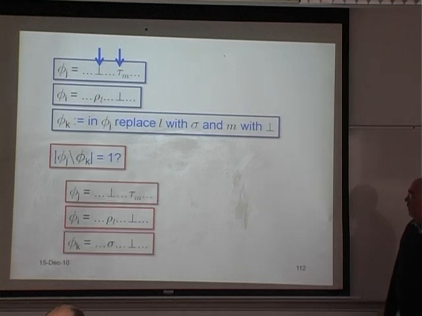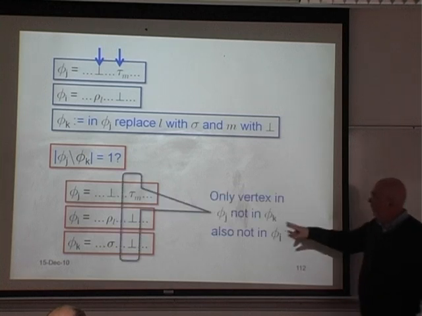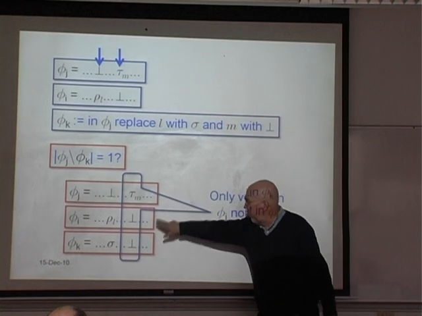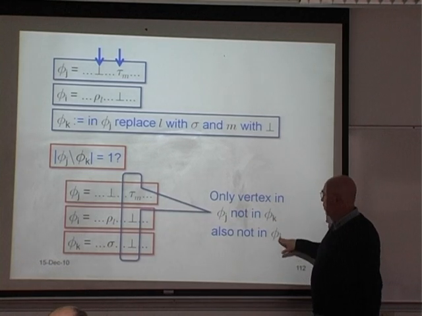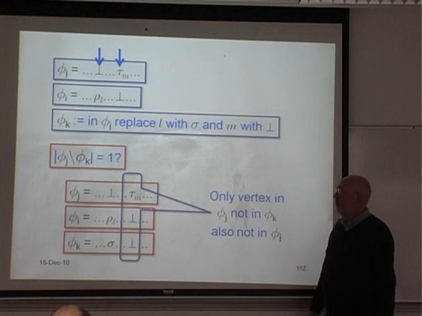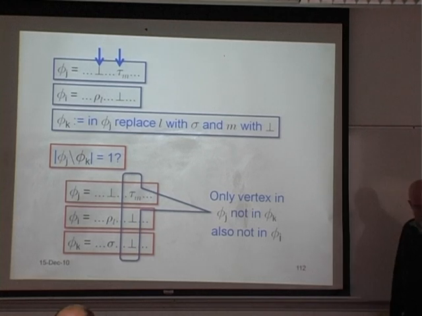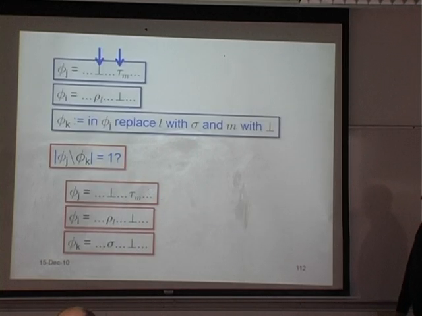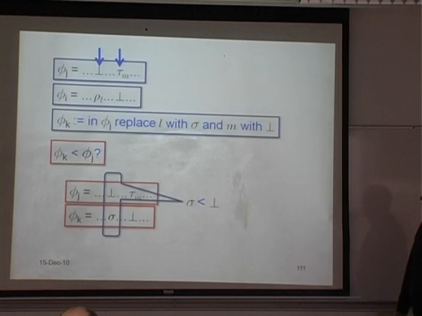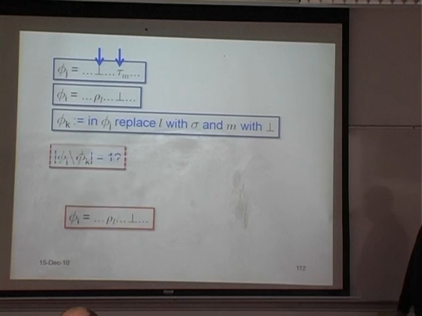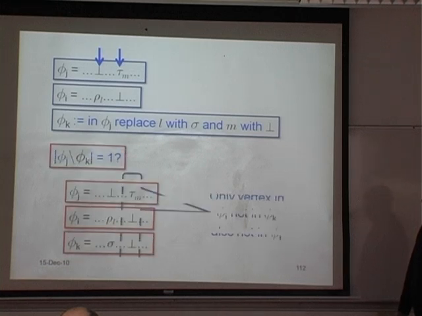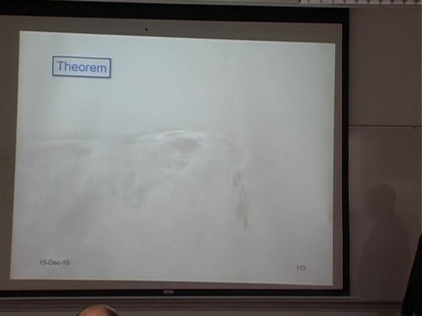Well, if we look at the three, phi I, phi j, and phi k, then the only vertex that's in phi j but not in phi k is also not in phi I. So that also says that the intersection is absorbing, which it doesn't say on the slide, but that's what it should have said.